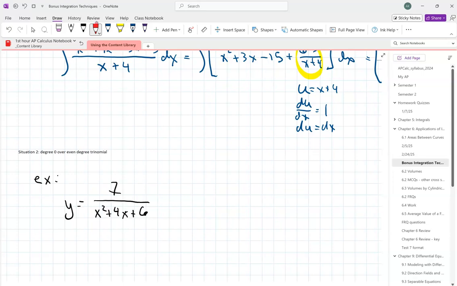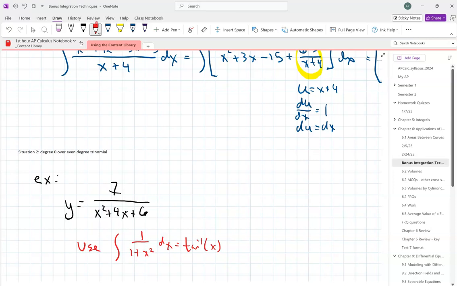The trick here is that we're wanting to use the tan inverse antiderivative. We're going to use that with a u sub.